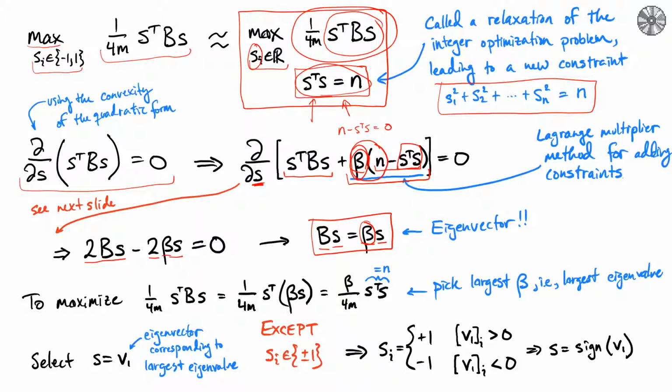And so now what we do is we try to understand which choice of eigenvector gives us the maximal value.